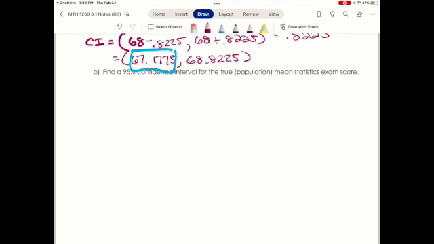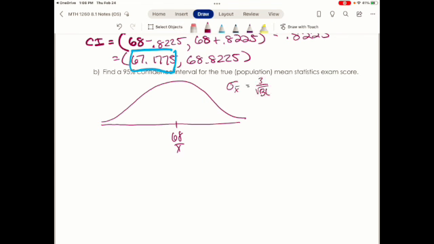Okay, now we are going to go ahead and find this for the 95% confidence interval. So we have our mean, which is in the middle, which is our 68. That's our X bar. Remember, our standard deviation is going to be 3 over the square root of 36. Now that we want to be 95% confident, we're going to have 95% in the center for our percentage.